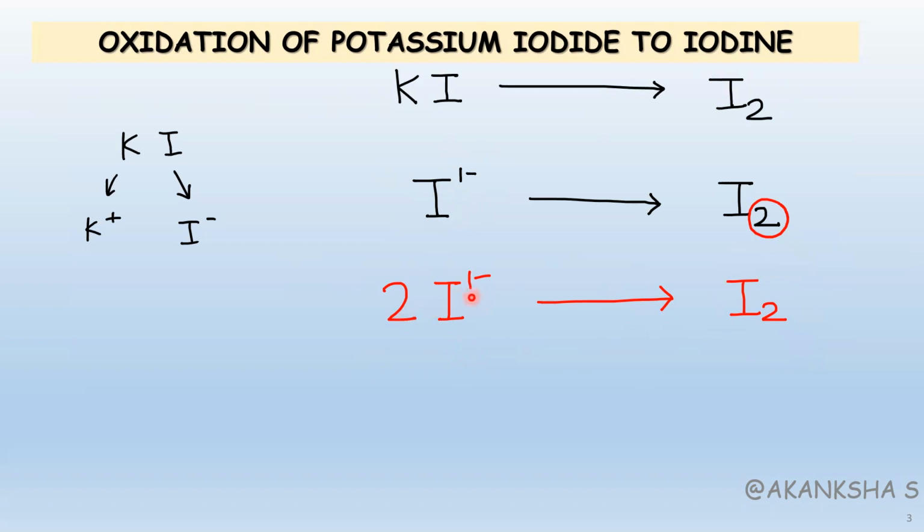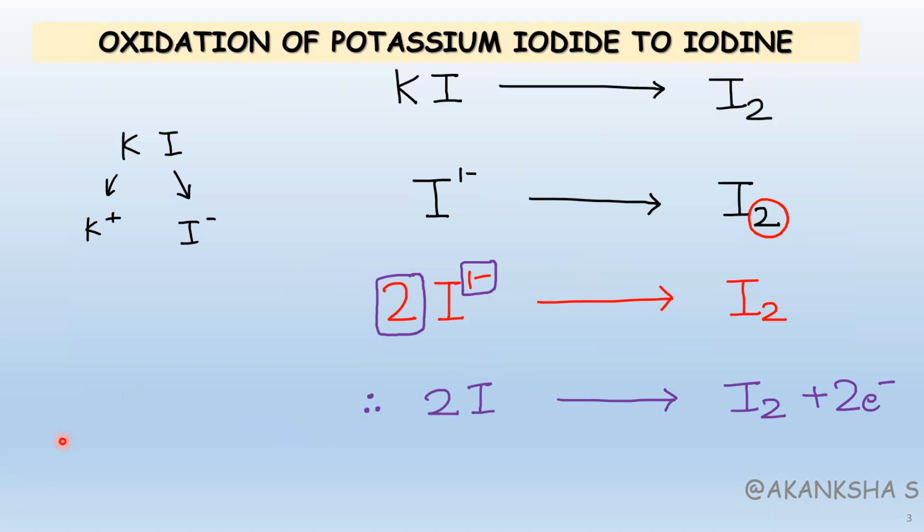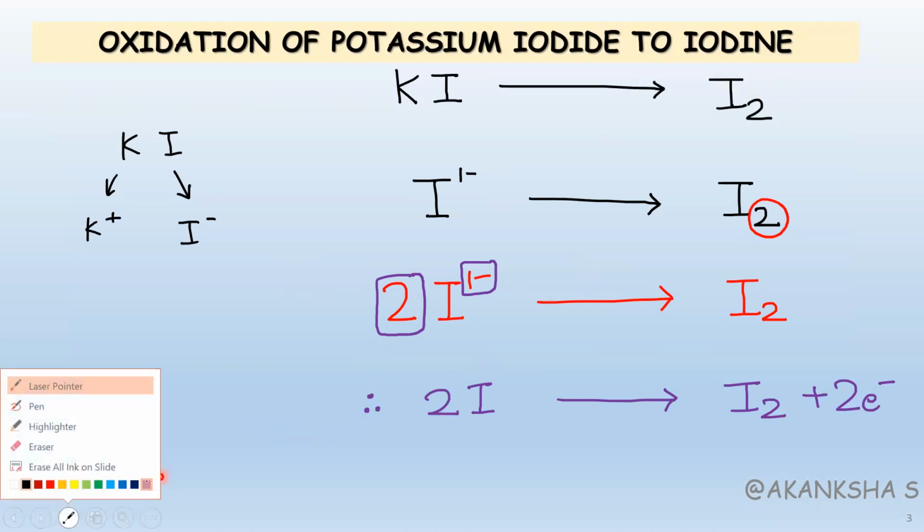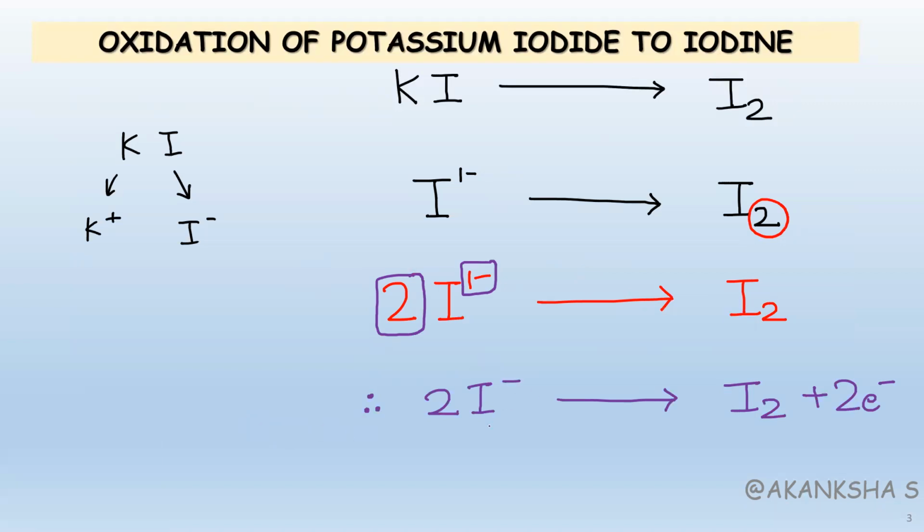So two negative charges on the reactant side, but no charge on the product side. So we somehow need to eliminate the two minus charges. The best way to eliminate them is to remove them in the form of electrons. So two iodide ions are converted to iodine with the removal of electrons.